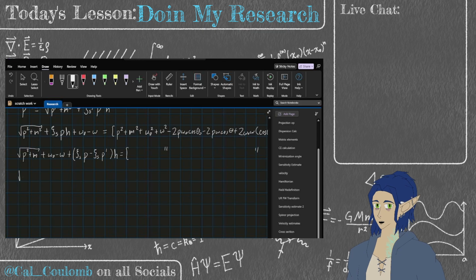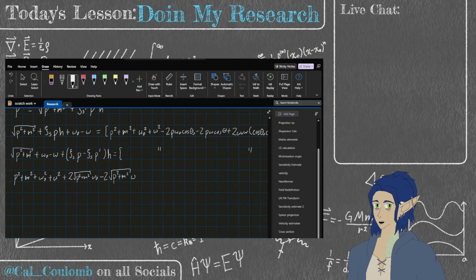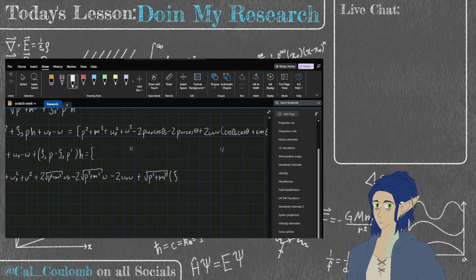So what we're going to get is p squared plus m squared plus omega naught squared plus omega squared, and then plus 2 square root of p squared plus m squared omega naught, minus 2 times the square root of p squared plus m squared omega, and then minus 2 omega naught omega, and then we have plus square root of p squared plus m squared times cs p minus cs p prime, so yeah, they should have primes, p prime times h.